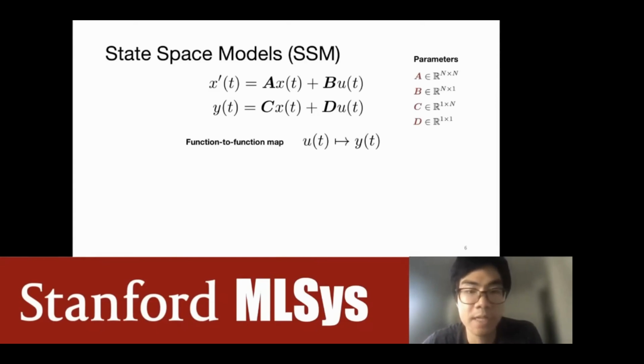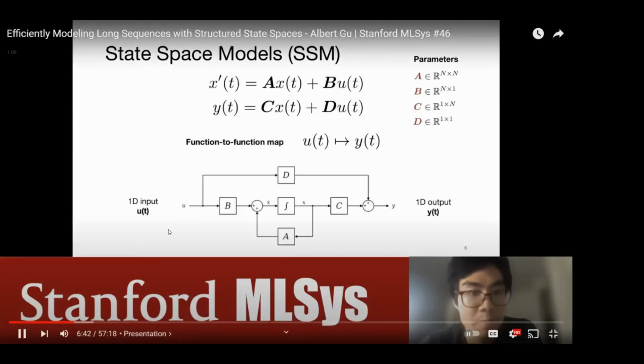And throughout this talk, I'll use the same notation where U denotes an input sequence or function, and Y denotes the output sequence or function of our sequence model layer. So here we think of the state space model as a parameterized map using parameters A, B, C, D, and it maps some input function U to an output function Y. It's sometimes drawn with this sort of control diagram.